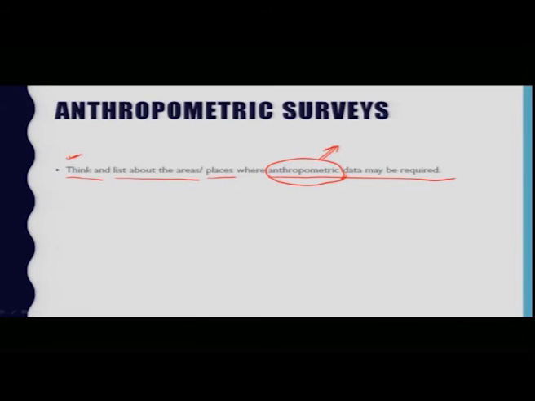But you have to think and visualize in your surroundings the areas and places where you can implement this anthropometric knowledge, and find out the way you can contribute in this area.